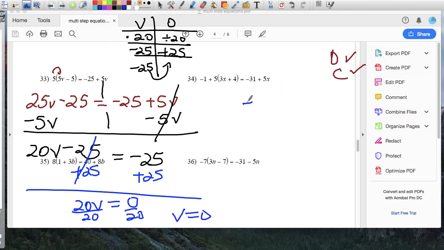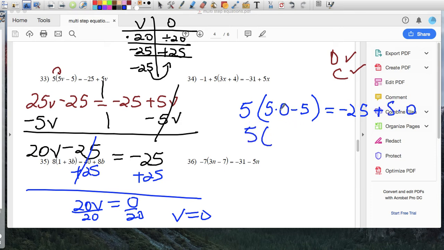Check. On one hand, my check is going to be super easy. So 5, inside the parentheses, 5 times 0 is 0, and 0 minus 5 is negative 5. On this side, negative 25, plus 5 times 0 is just 0, so I'm not even going to write that, because that becomes 0.